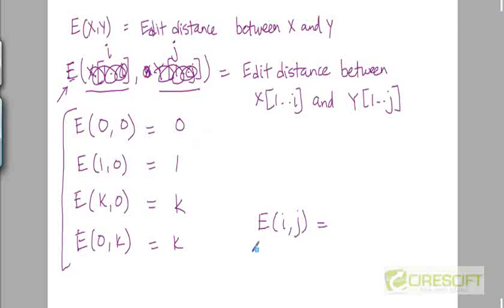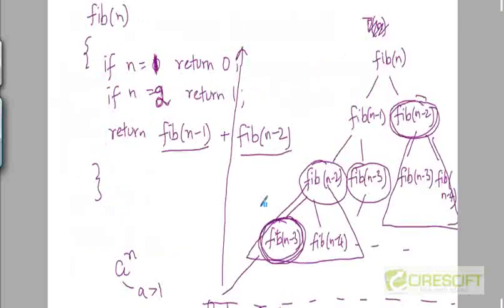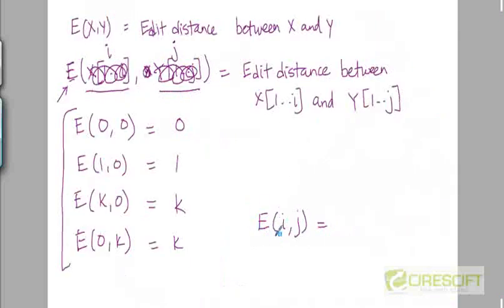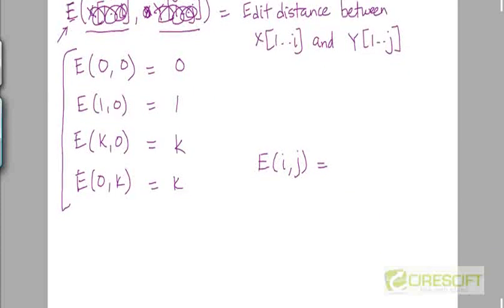We'll start from E of 0 comma 0. We'll start from these base cases and incrementally build up the solutions to larger and larger values of the arguments, storing those solutions in a table. In case of the Fibonacci series, we stored the solutions in a linear array. Now we'll have a two-dimensional array, one standing for the index of the first argument and the other standing for the index of the second argument.